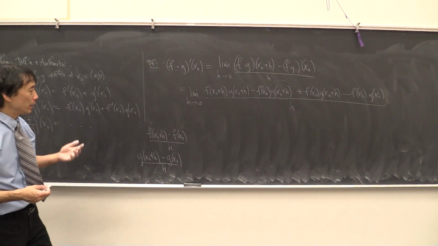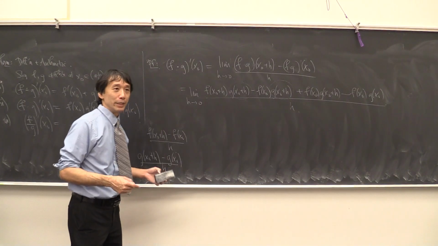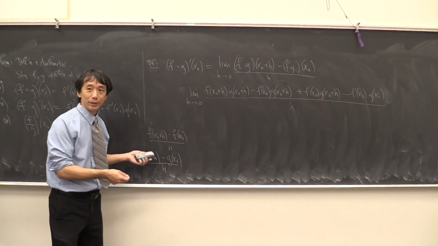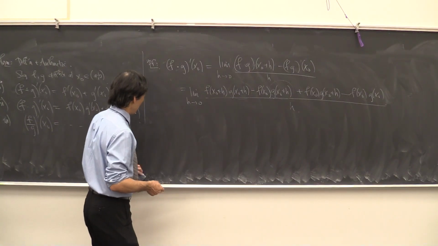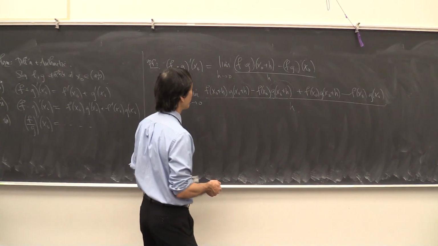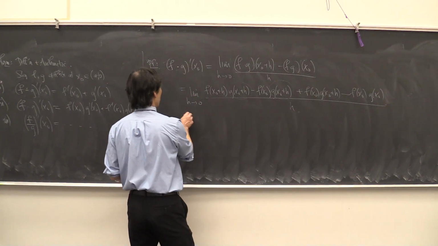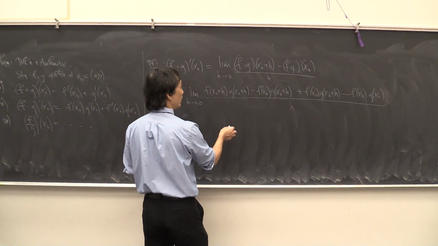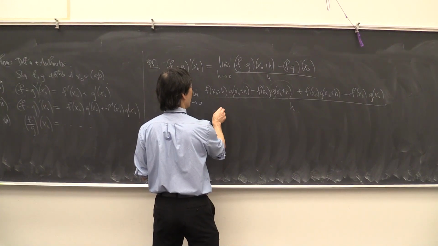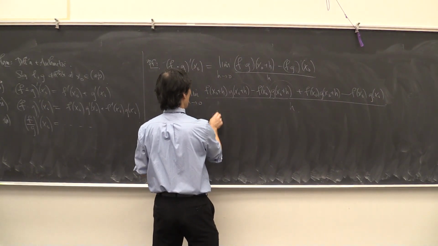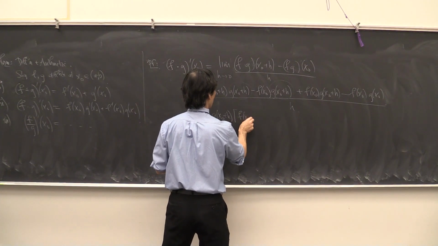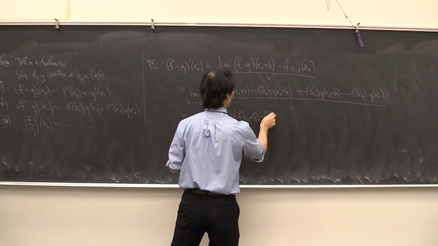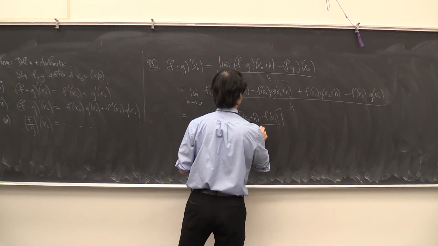So this is the general strategy: work in what you have control over. Then we're going to look at g of x naught plus h times f of x naught plus h minus f of x naught over h.